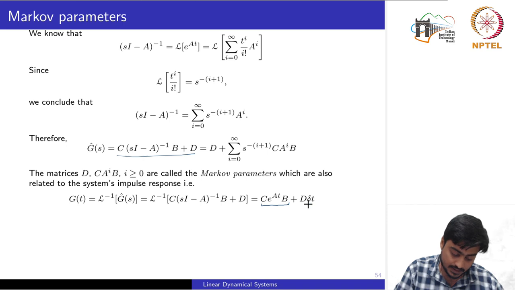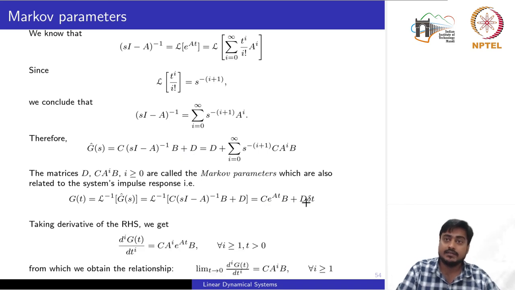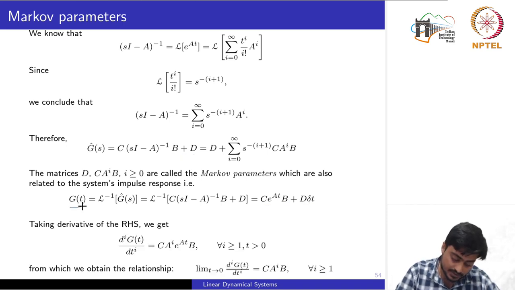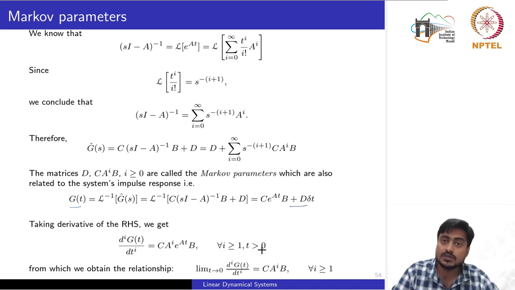If I take the ith derivative of both sides, I would get C A^i e^(At) B for all i greater than or equal to 1 and t greater than or equal to 0. If I take the limit as t tends to 0, this part goes to the identity and I would remain with this one, which is also the Markov parameters.